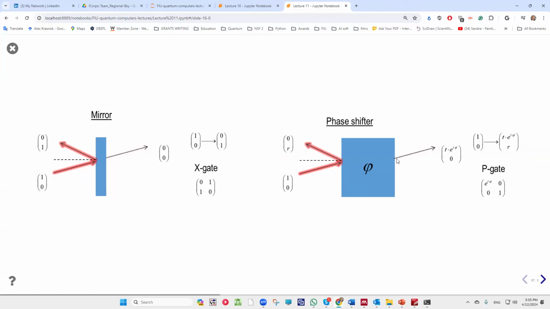And while it transmits through this piece of dielectric, it acquires some additional phase. We can control this phase by changing either the thickness of this element or the refractive index of this element, and so on. So the P gate is also easy to realize in the optical quantum computing realm.